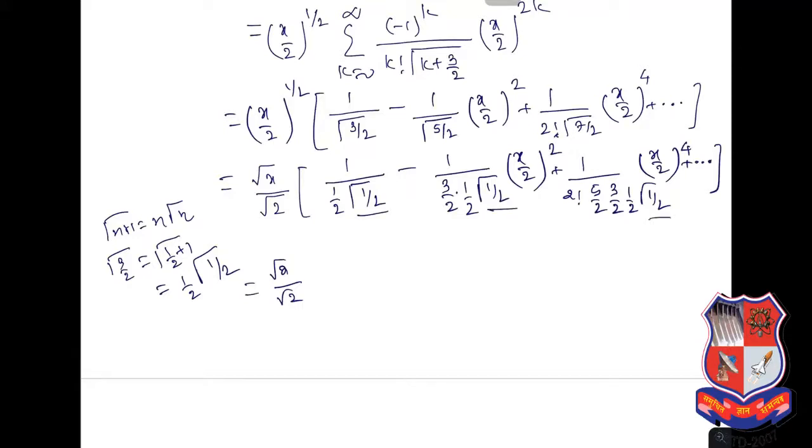So gamma 1 by 2, and gamma 1 by 2 we know it is root pi also. Okay, so next step is to write. Here now 2, now here minus, this 2 times, then 3, already gamma 1 by 2 we have taken outside, then this is x power 2 over 2 square.